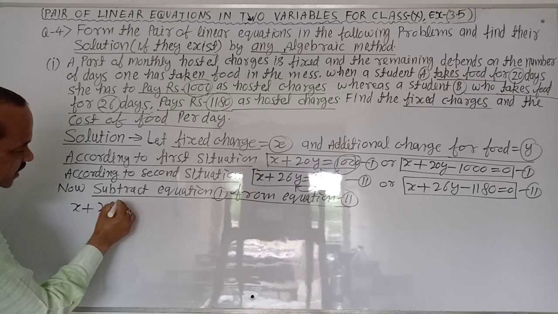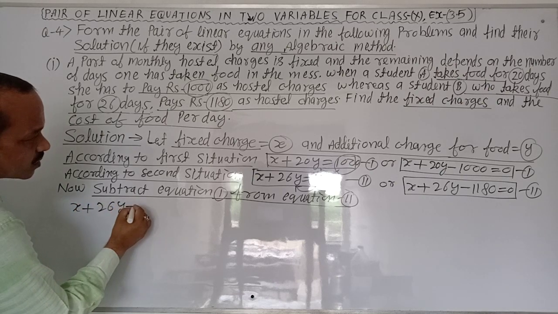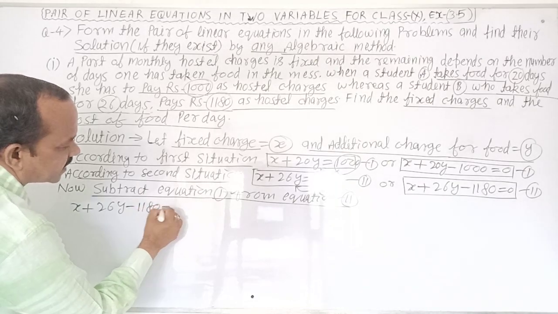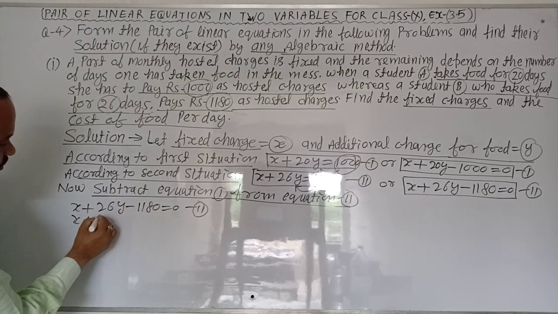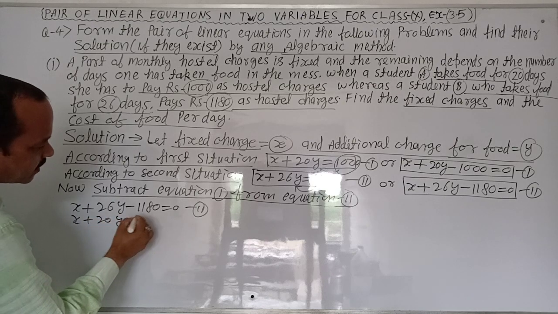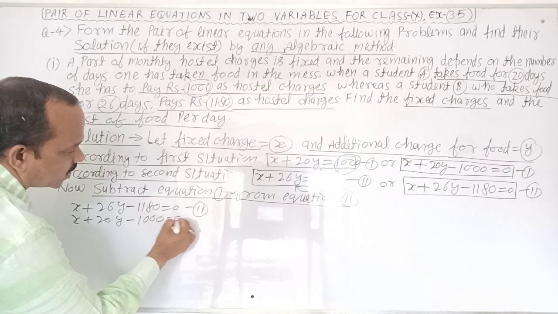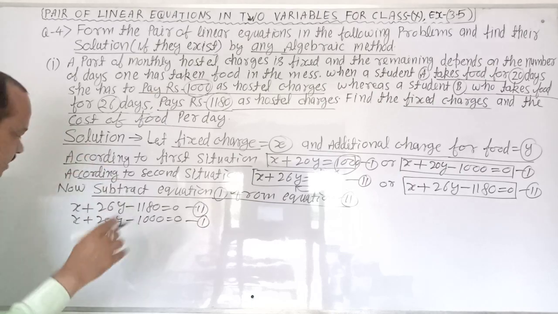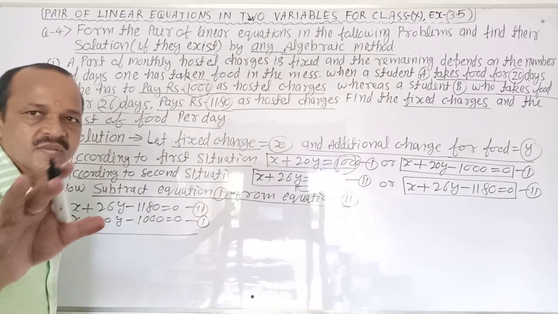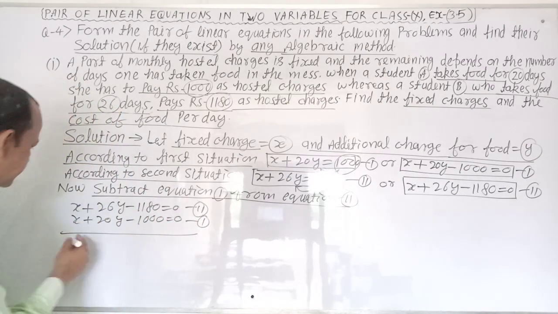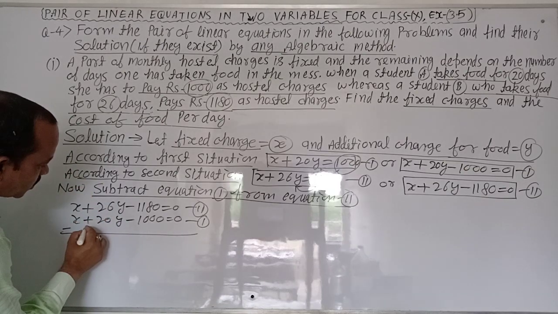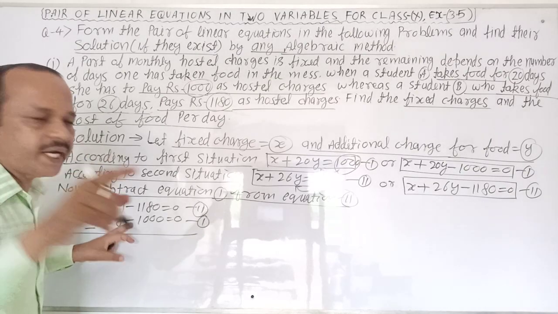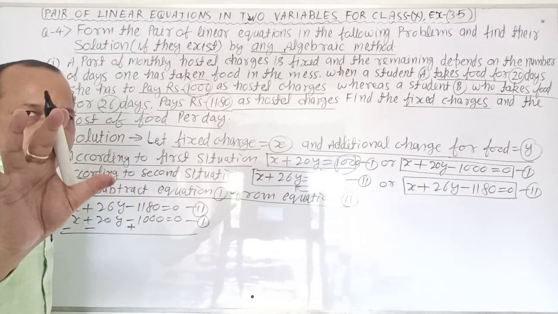X plus 26y minus 1180 equal to 0, equation second. X plus 20y minus 1000 equal to 0, equation first. Draw a line and change its sign. Here plus so you write minus. Here plus so you write minus. Here minus so you write plus. It is clear?